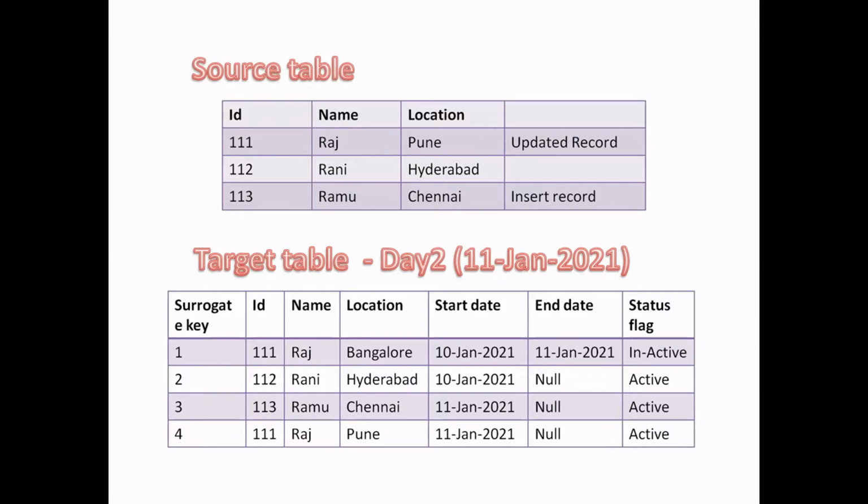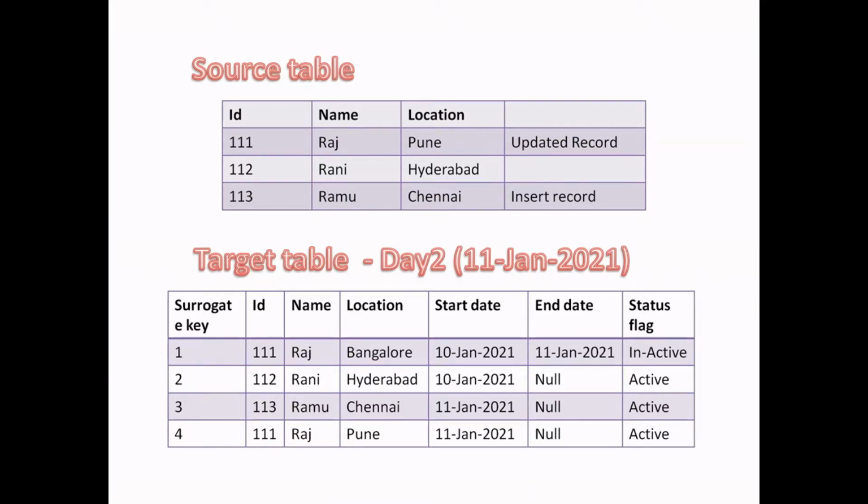What are we trying to achieve in the target table in SCD type 2? We will be having records that show when a particular record started, when it was inserted, when it was updated, and whether that record is active or inactive. So this history of the records will be present in SCD type 2.